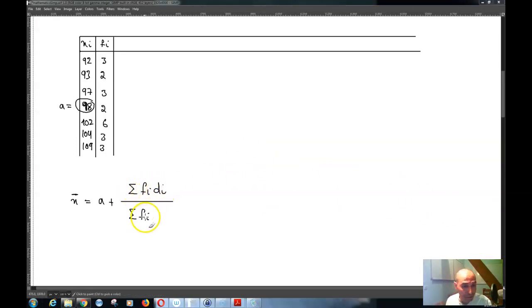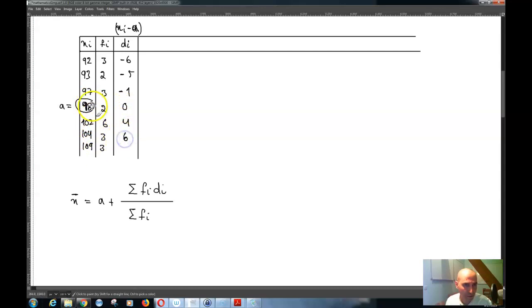Now d of i over here is basically x of i minus a. So x of i minus a is, for example, 92 minus 98, which is negative 6. 93 minus 98 is equal to negative 5. 97 minus 98 is negative 1, then 0. 102 minus 98 is equal to 4. 104 minus 98 is equal to 6.